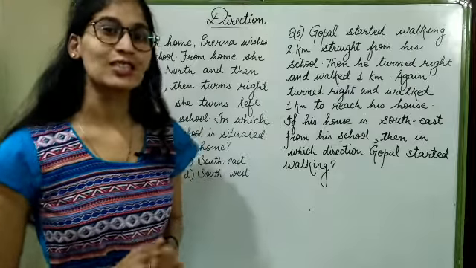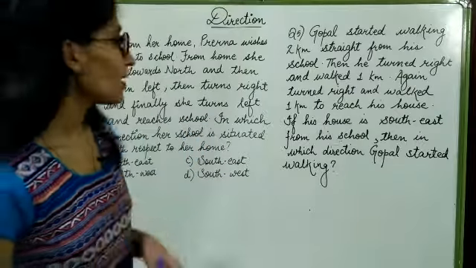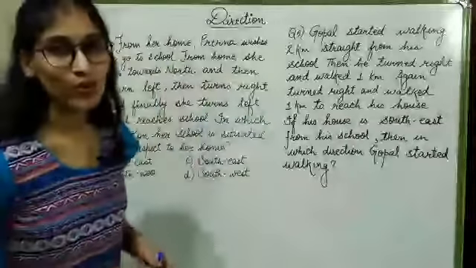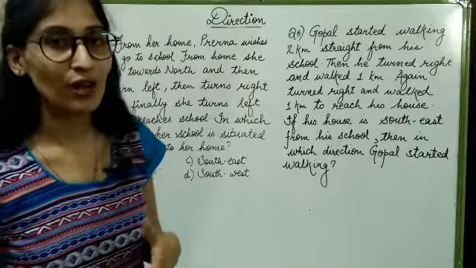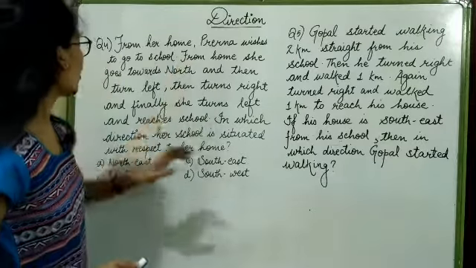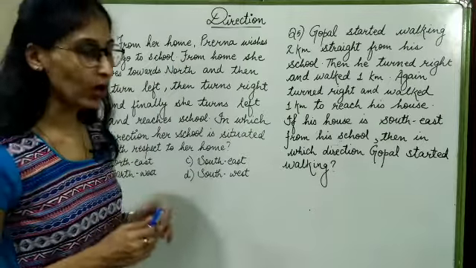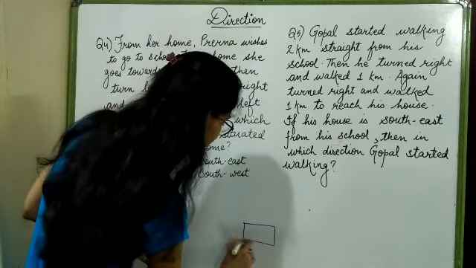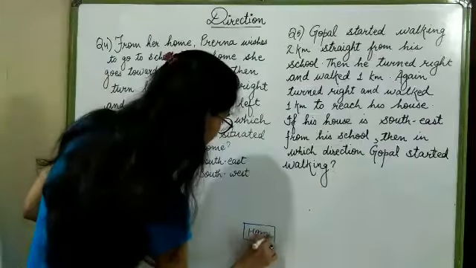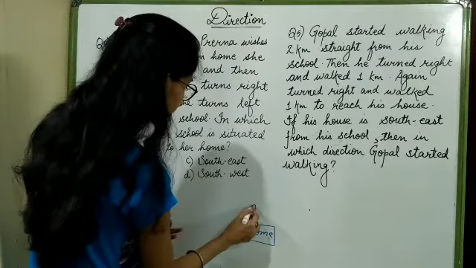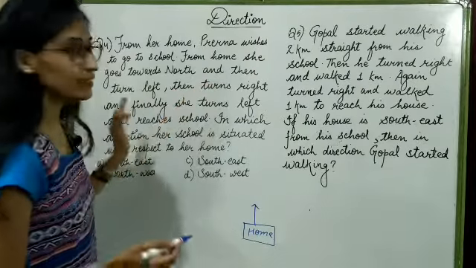Some more questions on direction sense. So my question here is, from her home, Prerna wishes to go to school. She has to cover the distance from her home to school. From home, she goes towards north. Let's say this is her home. From her home, she goes towards north and then turns left.